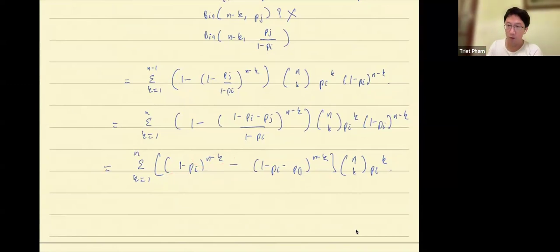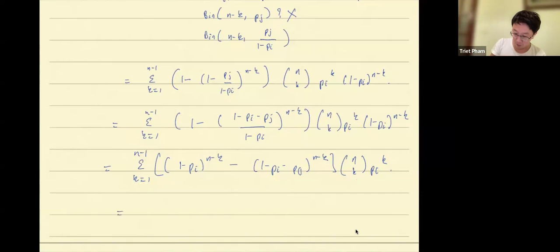Each of these is a binomial sum, sorry, n minus 1. Each of these is a binomial sum, but the binomial sum here is missing the 0th case and the nth case. So for example, the first sum would be 1, but missing the 0th case and the nth case.